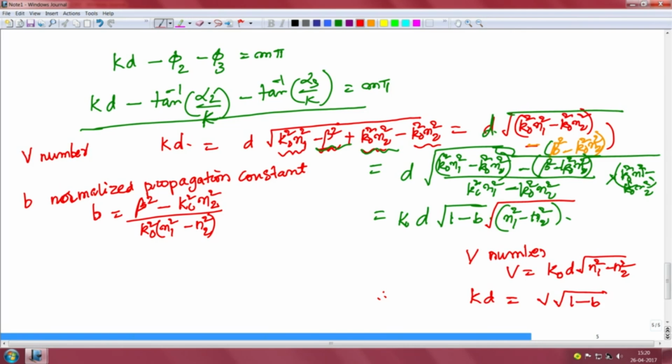I am starting with each of these terms. This kd is the V parameter times the square root of 1 minus b.